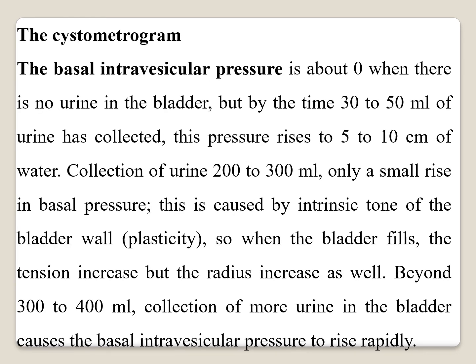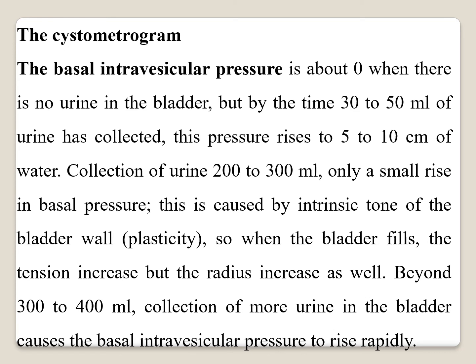The cystometrogram is the process of recording the pressure inside the bladder. The basal intravesicular pressure is normally about 0 when there is no urine collected in the bladder. But when about 30 to 50 milliliters of urine has collected, the pressure inside the bladder increases to about 5 up to 10 centimeters of water.